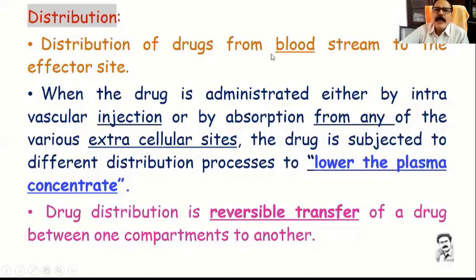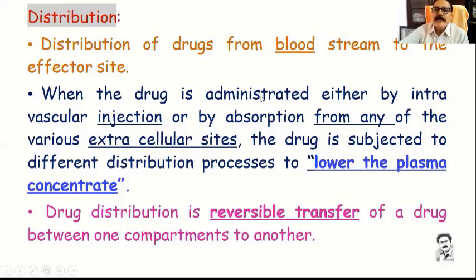The distribution of drug from bloodstream to the effective site. What is happening in distribution? The most important points which you are supposed to remember. After absorption, the drug will be traveling in the blood and it will go to the effector site. That may be a plasma or it may be a tissue.